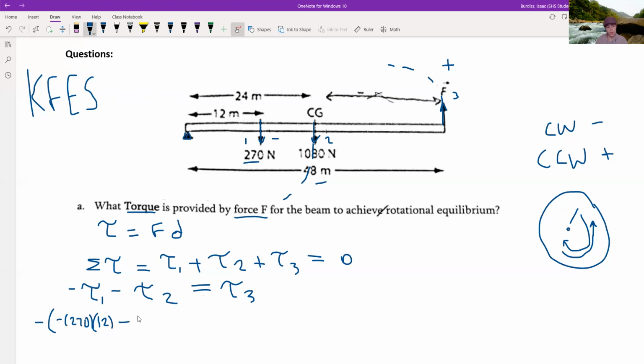And then once again, okay, so that's torque 1, and then for torque 2, we have to make it negative again. So the negatives will become positive. This is 1080 newtons. And then you multiply that by the distance, which is 24.